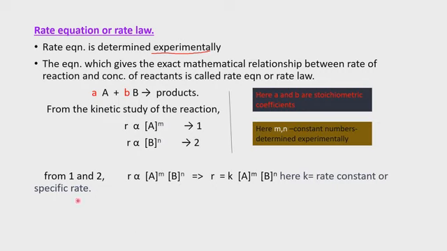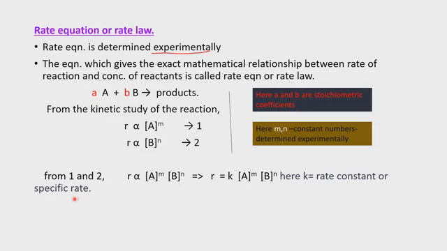So from these two simple mathematical statements, R is directly proportional to A power m and B power n. It implies that R equals K into A power m and B power n, where K is the proportionality constant, the rate constant or specific rate.